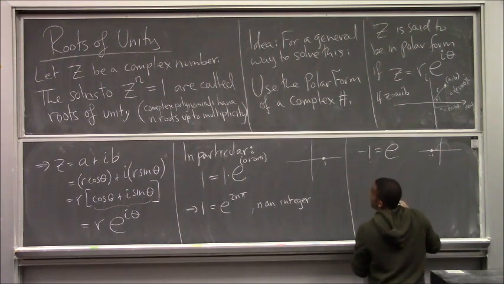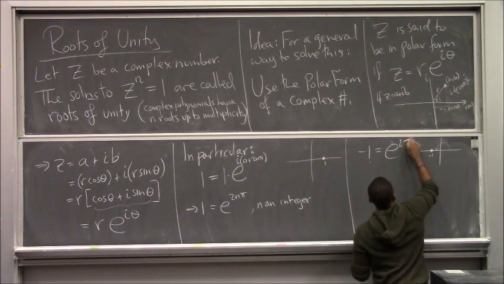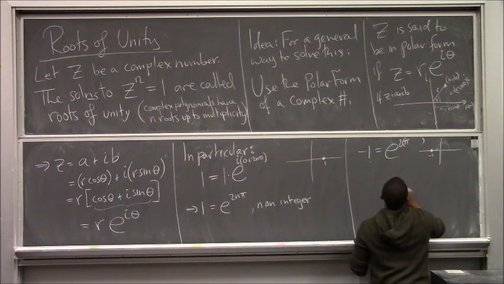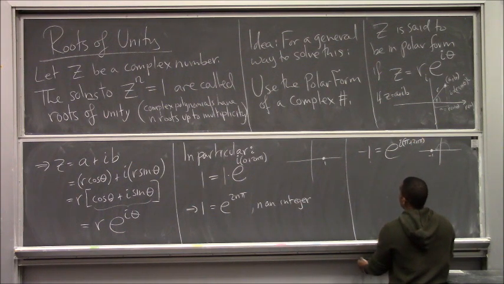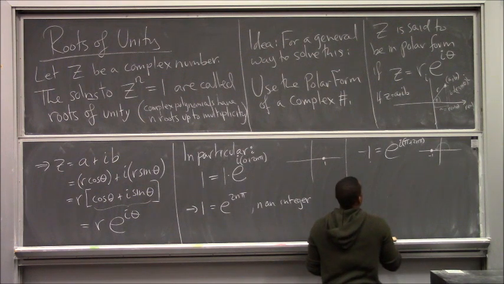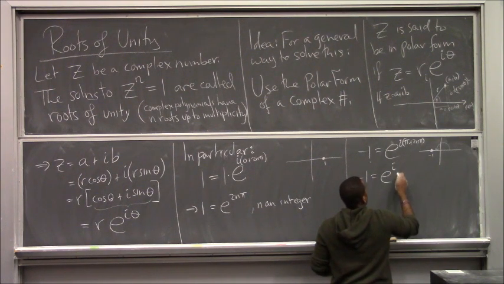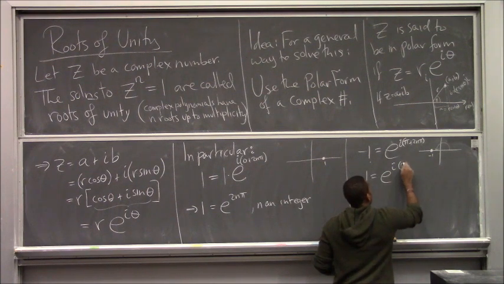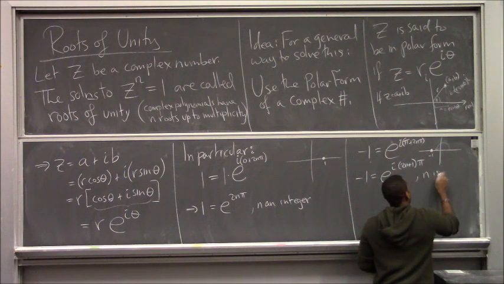Well, that's going to be pi. That's going to be e to the i pi, and there's an i here, by the way. But again, every time I add a 2n pi, I get the same thing, which means I can actually write this as e to the i (2n plus 1) pi, where n is an integer.